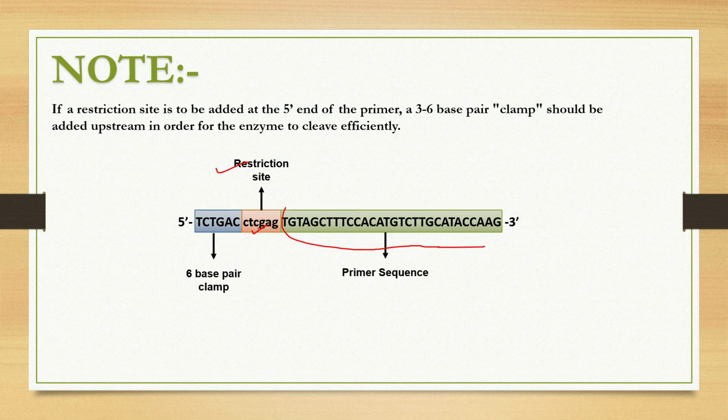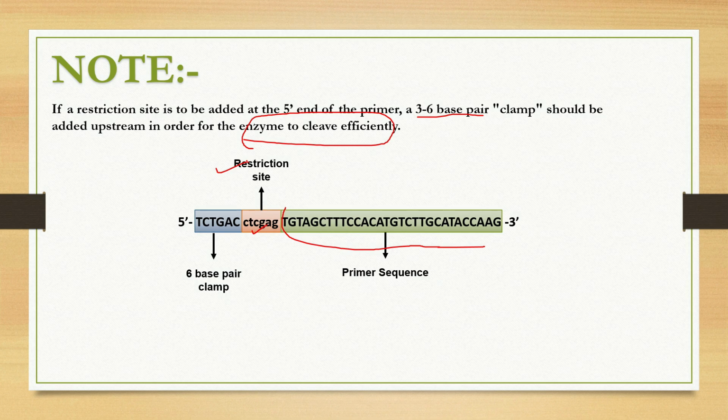Now, if you are adding this restriction site, it is mandatory to add a 3 to 6 base pair clamp upstream to this restriction site so that the enzyme can cleave the restriction site efficiently. If these base pairs are not there, the enzyme will not get the space to sit there and cleave the restriction site.